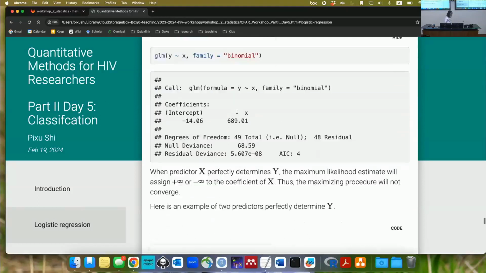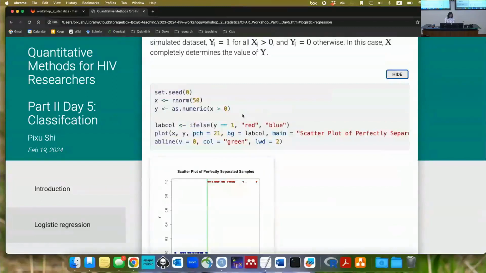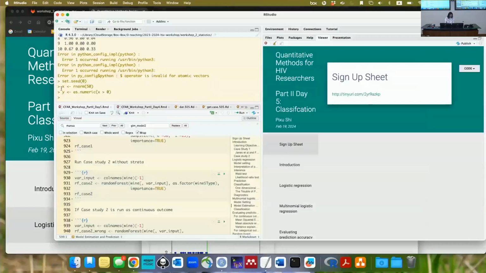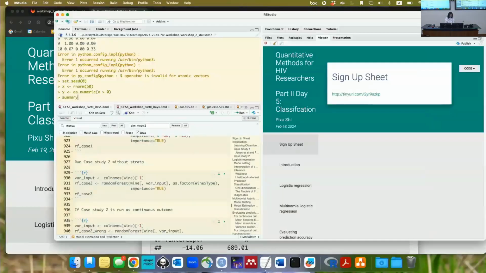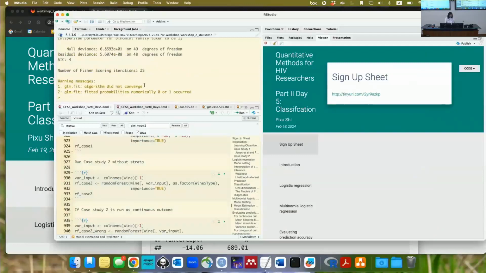Let me show you on R directly. So here are the simulated coefficients, and if you run this model here, it's going to give you a warning message. Algorithm didn't converge.